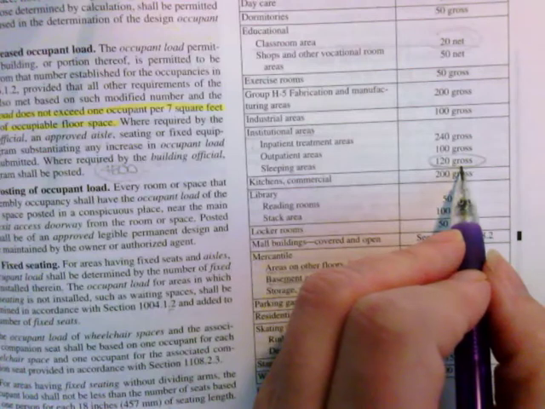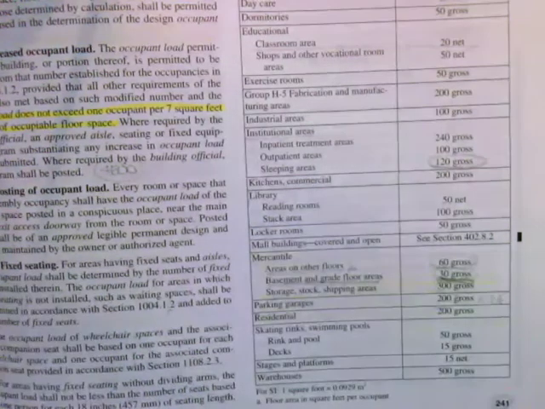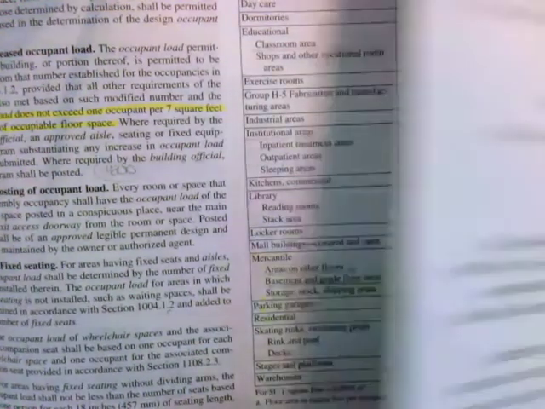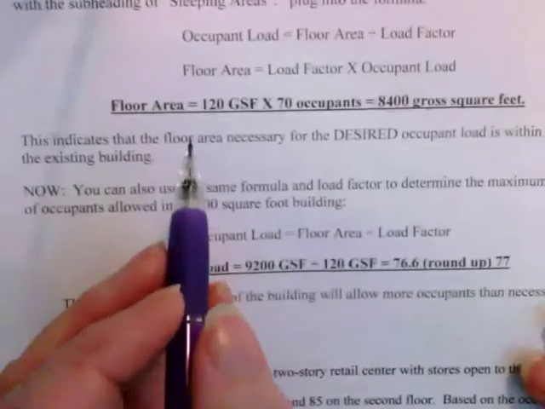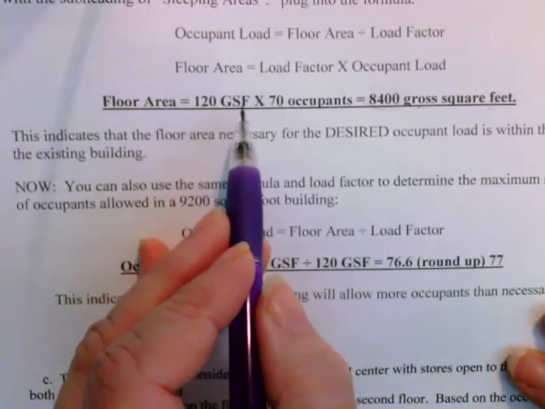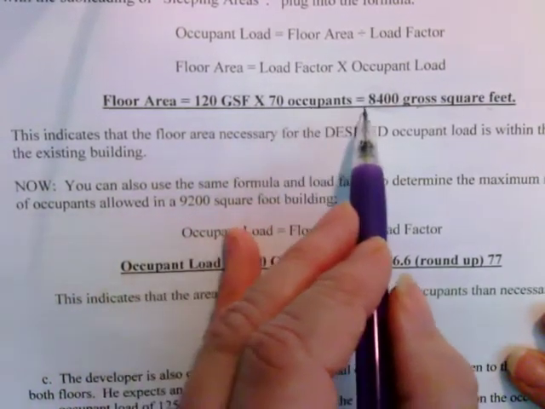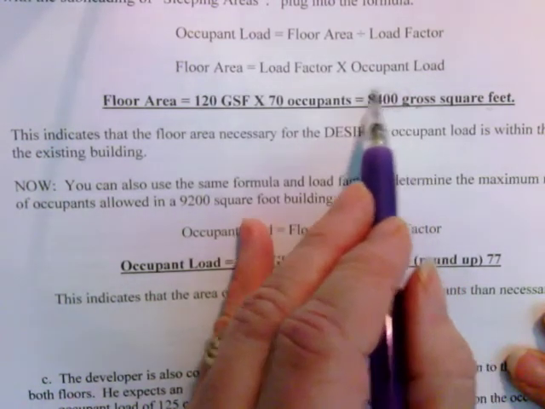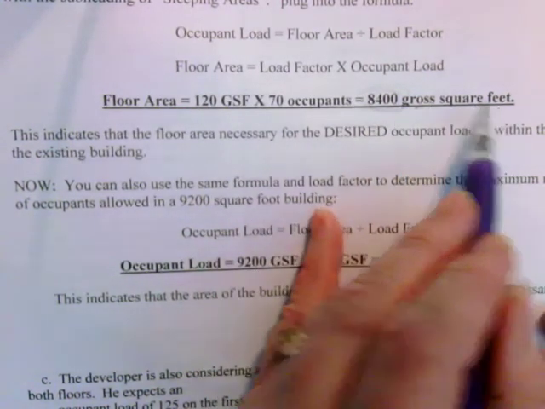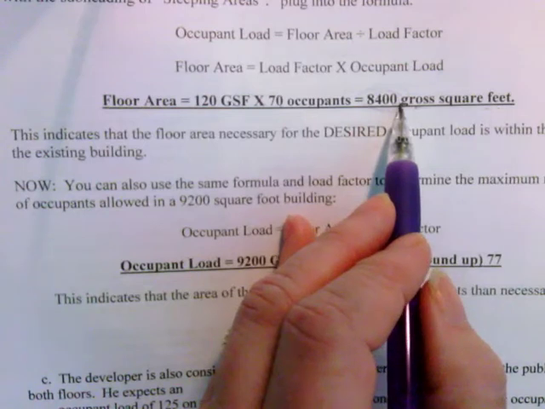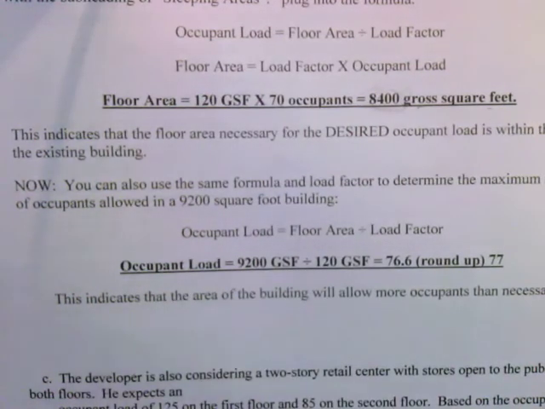Okay? So he says he wants 70 occupants. So if we look at this in the floor area, 120 gross square feet times 70 occupants is 8,400 gross square feet. We have 9,200. So that means that gives him a little room for growth. So you could turn it.